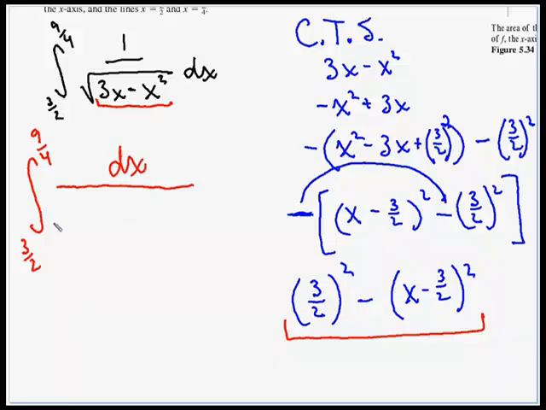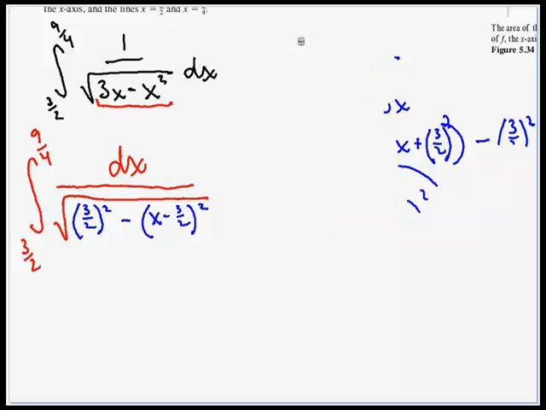And now underneath that radical, we're going to have 3/2 quantity squared minus the quantity x minus 3/2 all squared.